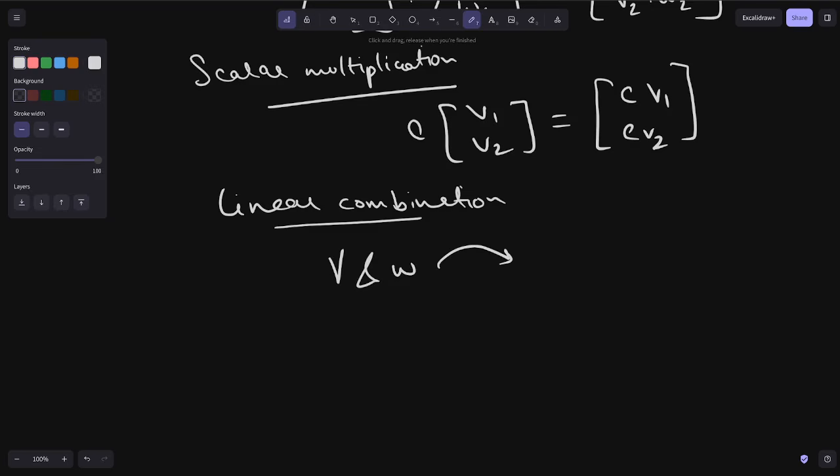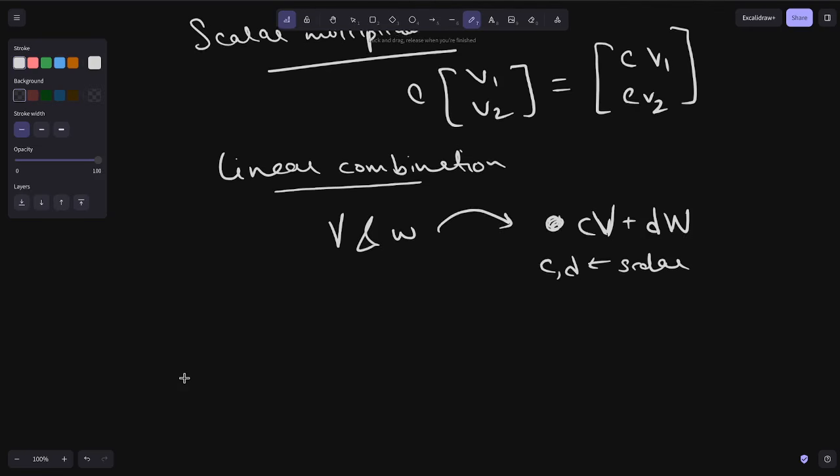A linear combination of v and w will be something like c v plus d w, where c and d are scalar values. Scalar values means a single value of sorts, like 2, 3 or something like that. Okay, so this is what a linear combination means.